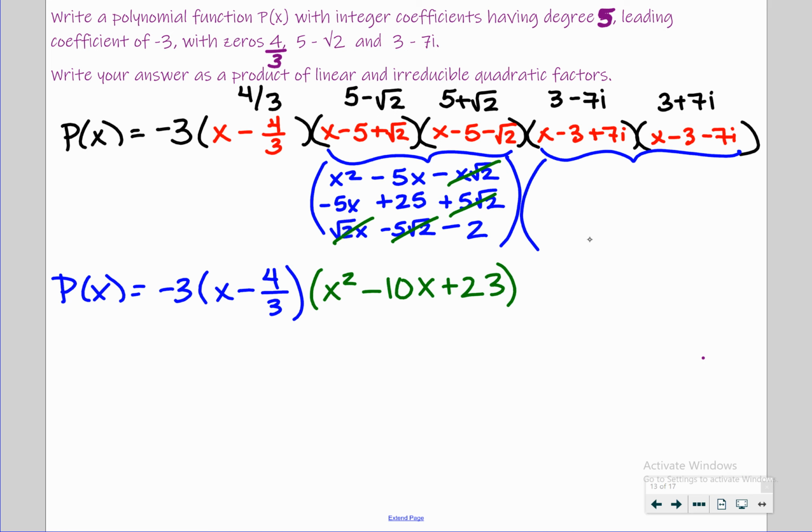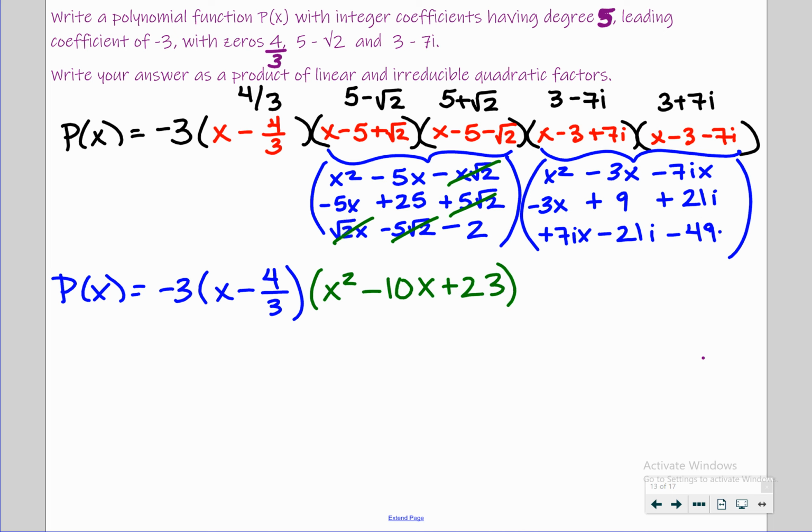Again, you can use the shortcut if you want, or just FOIL. If I FOIL: x squared minus 3x minus 7ix minus 3x again plus 9 plus 21i plus 7ix minus 21i minus 49i squared.